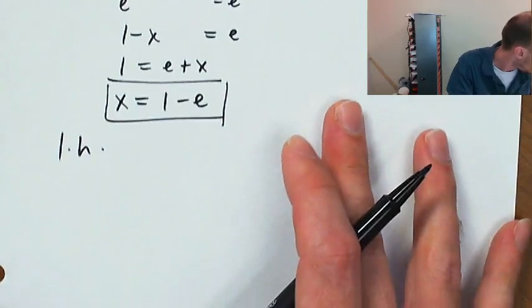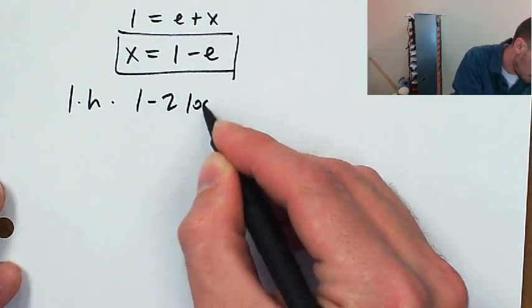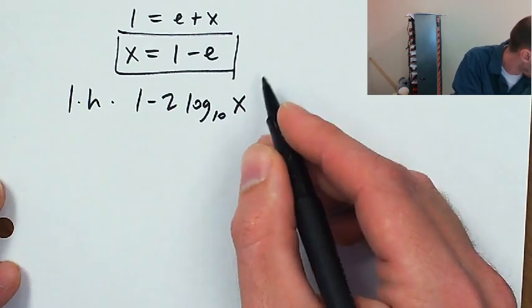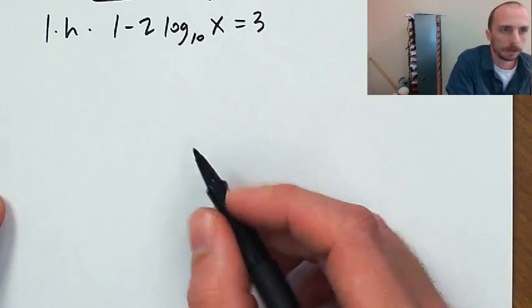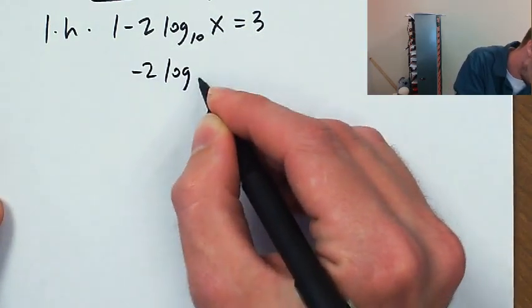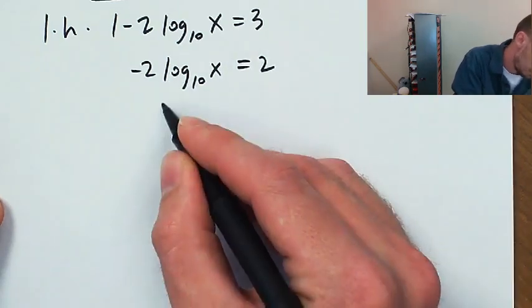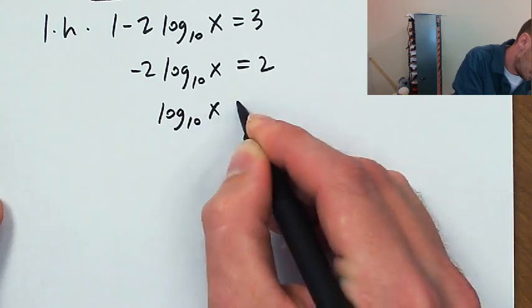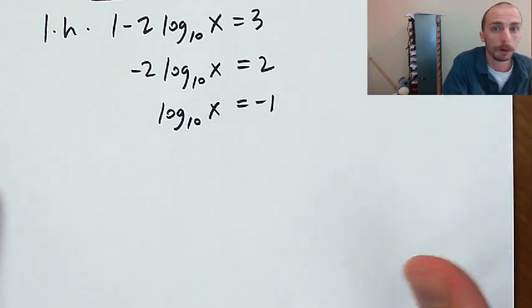Okay, for h, I have 1 minus 2 times the log base 10 of x. That's equal to 3. Right, and so I'm going to subtract 1 from both sides. And I'd get negative 2 times log base 10 of x is equal to 2, meaning log base 10 of x equals negative 1. And log equals a negative number, that's not a problem.